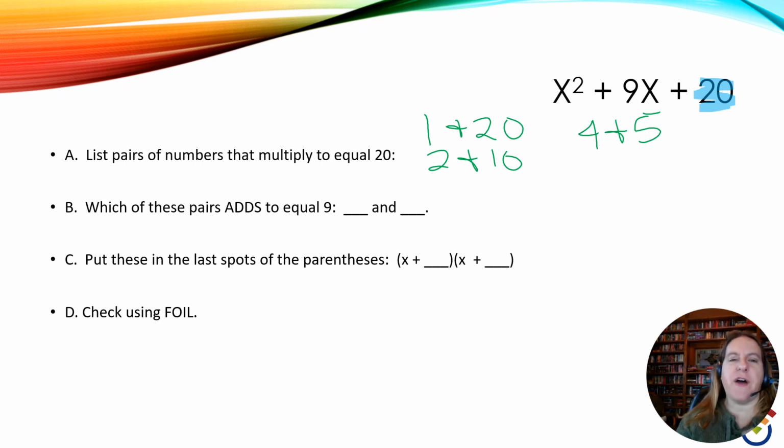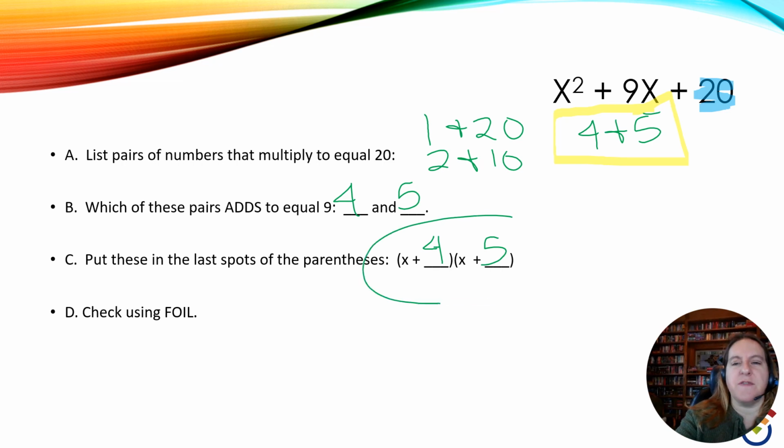Now I want to find which pair of these adds to equal 9. Well, 4 plus 5 equals 9. Those are the factors we're going to use. In our factored form, we put those in the last spots of our parentheses. So my factored form is x plus 4 times x plus 5. That would be my answer. Now we can check this using FOIL.